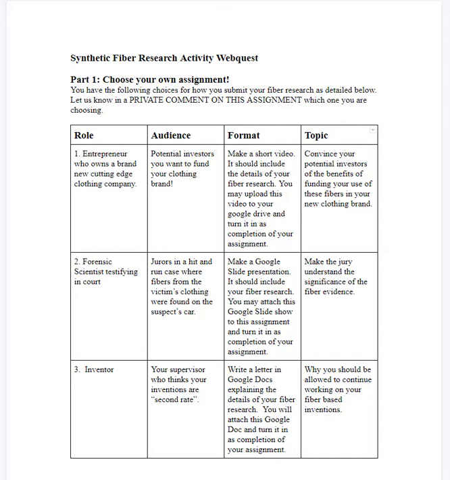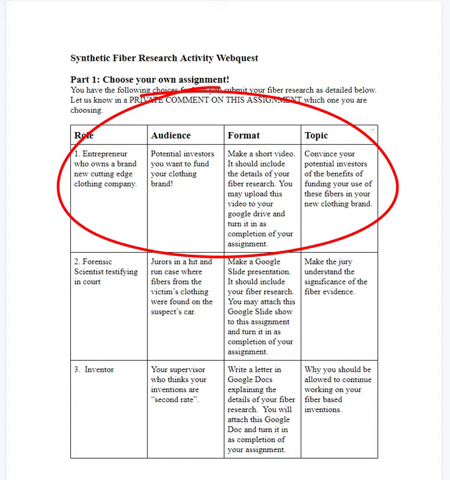So your first choice is to take on the role of an entrepreneur who owns a brand new cutting-edge clothing company. And the audience that you're going to be trying to reach is a group of potential investors who want to fund your clothing brand. If you choose this, you're going to make a short video, and it should include the details of your fiber research.